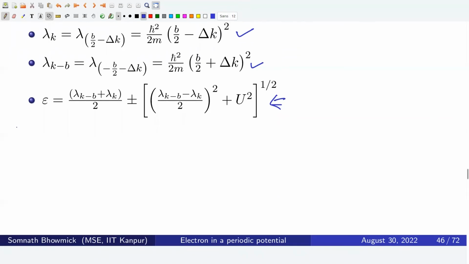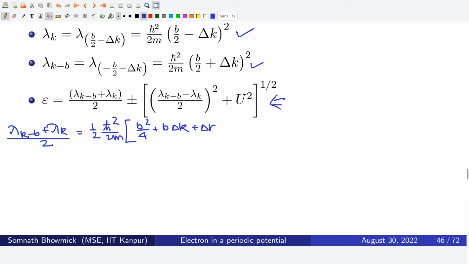So we have lambda K minus B plus lambda K divided by 2 is equal to half h cross square by 2m, and we have B square by 4 plus B delta K plus delta K square plus B square by 4 minus B delta K plus delta K square.